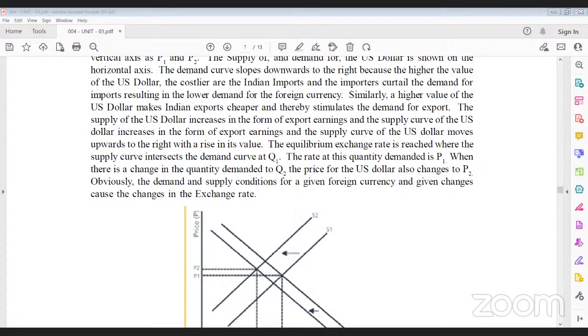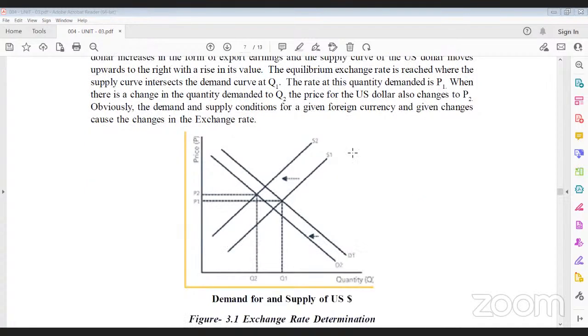Okay, and here the rate, this is the point of equilibrium where, at quantity Q1, the rate is P1.